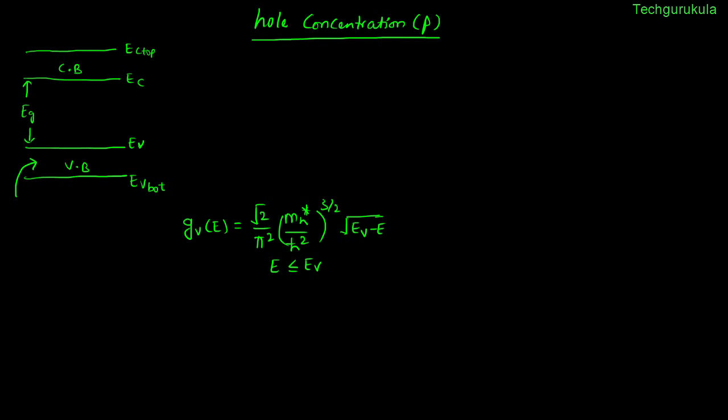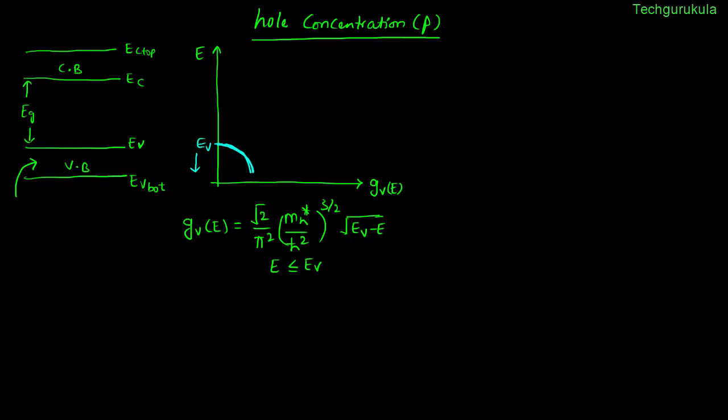Now let us plot this function where I'm taking in y-axis the energy level E and on x-axis the GV of E. At this energy level EV, we know that GV of E is 0 because EV minus EV is 0. And as we go below EV, the magnitude of this function keeps increasing. And this means that the density of states as we go below EV keeps increasing.